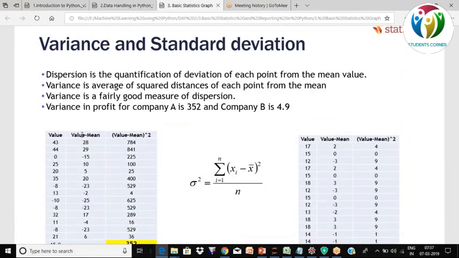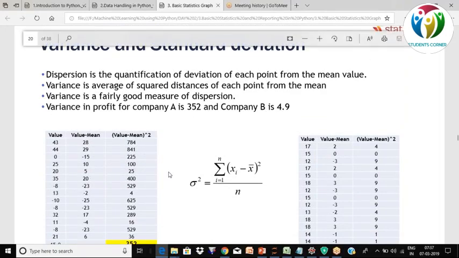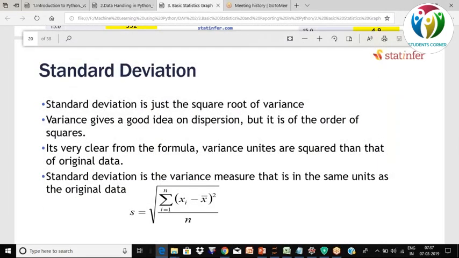We have seen that. So just to tackle those negatives, we squared them. It is clear from the formula that variance units are squared compared to the original value. So we need to talk in terms of our original value only.